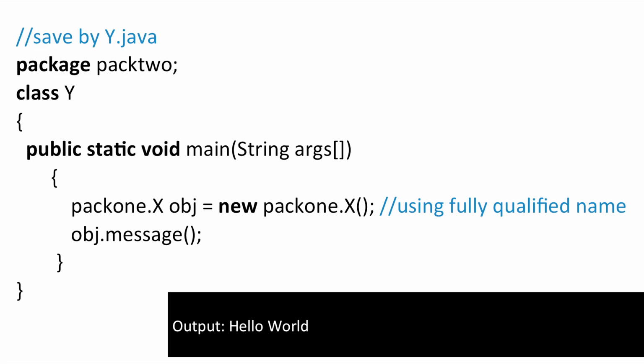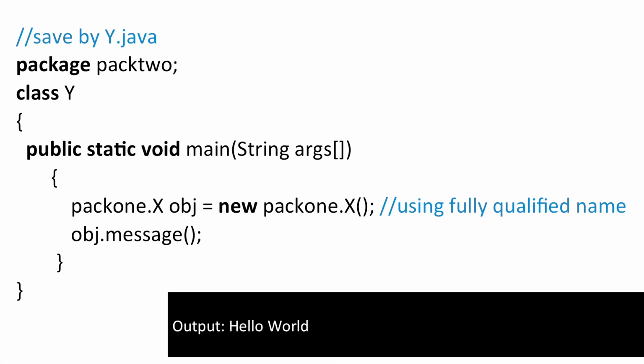So public static void main String args, then pack1.X obj. In the previous example we were using X obj = new X. Here we are creating the object using the fully qualified name. So the fully qualified name is nothing but pack1.X. So here we have defined the third way, obj.message.